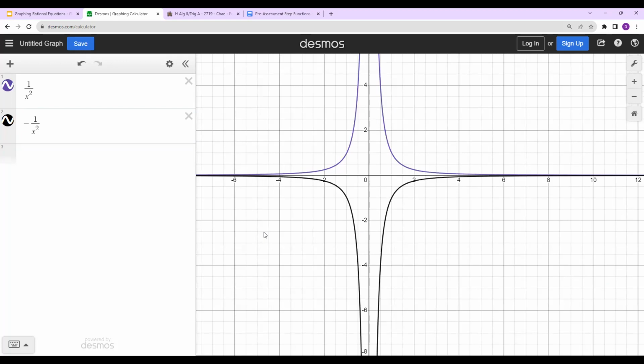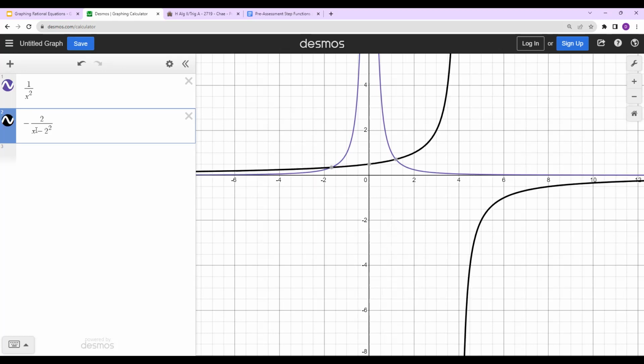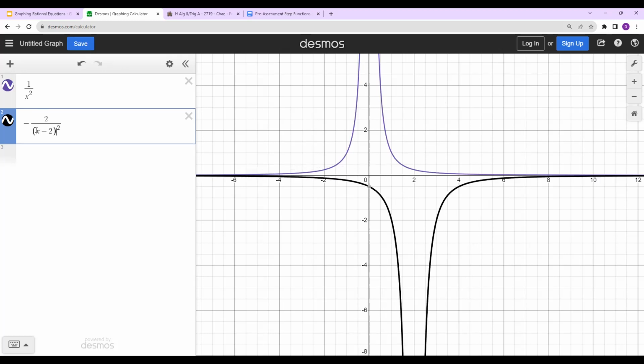And then what do we do with this? -2, and then x minus 2. What does that do? It reflects over the x-axis and it shifts it over 2 times, right? And then it moves this up 3 times.